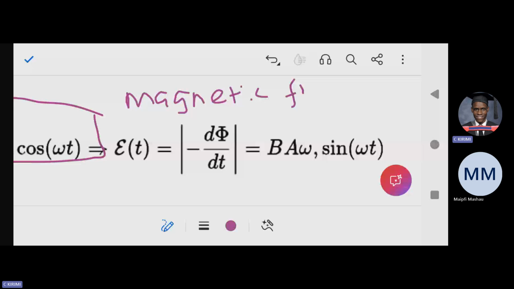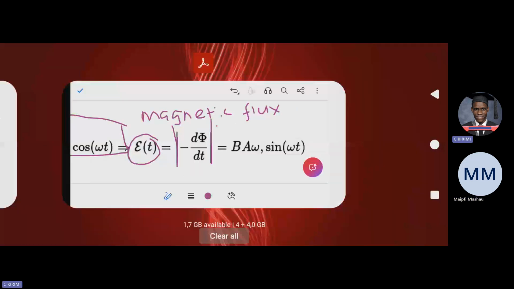Yeah, the formula remains the same. So there's no way we can have a negative answer, because we always derive it to be BA omega sine omega t. Yes, it's because of the cos. The cos gives you a negative, so you can't have a negative voltage.